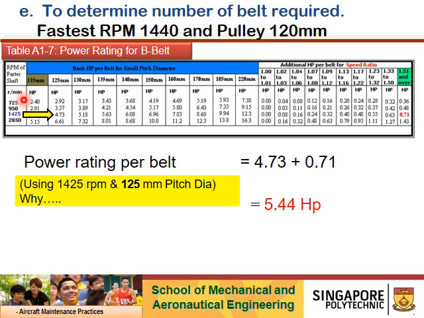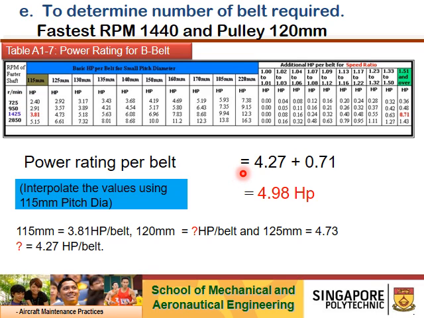The next option we look at is interpolation. The last option is interpolating the 115 and 125 mm pitch diameter data to obtain the horsepower per belt for 120 mm pitch diameter. We are maintaining 1425 RPM as constant.